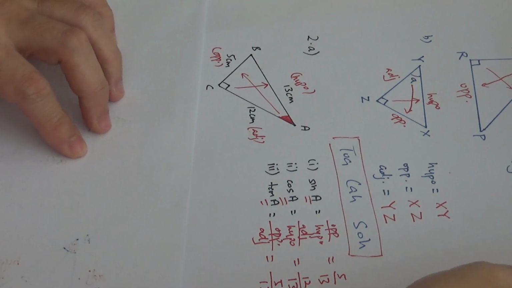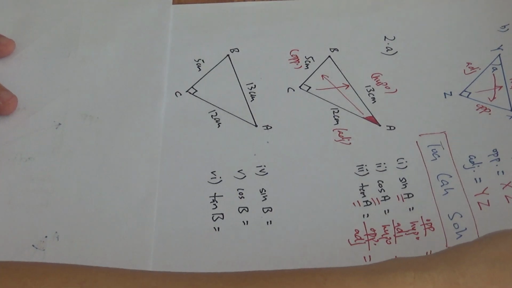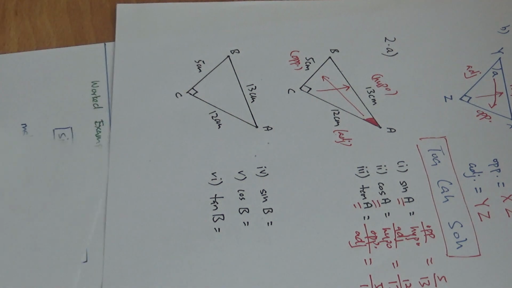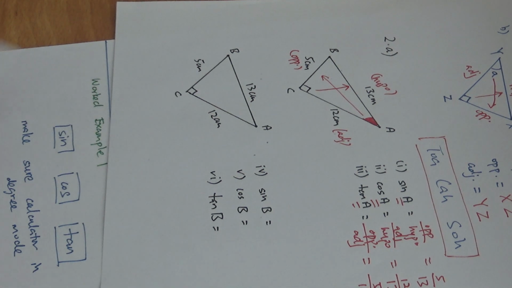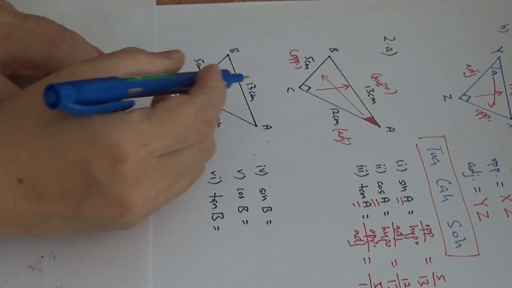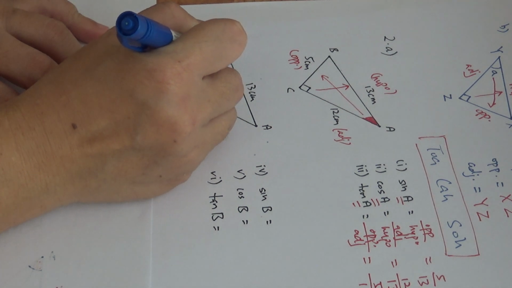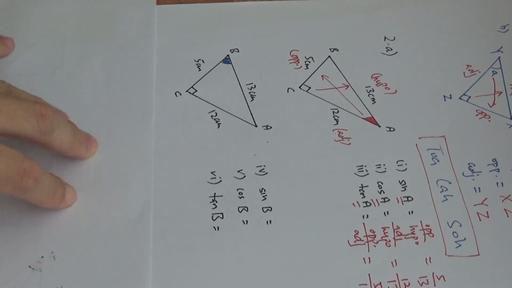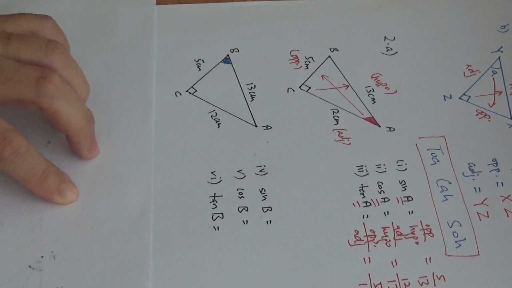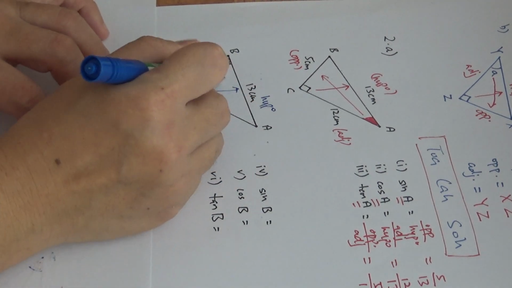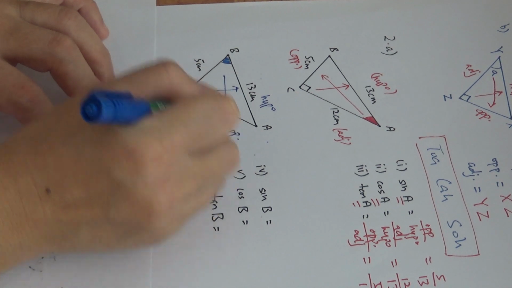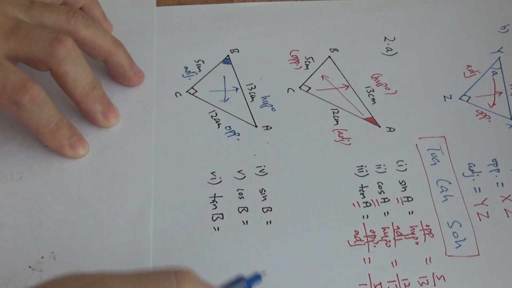Now, if you look at the next 3 parts, they are talking about angle B. They are no longer talking about angle A, but angle B. So if you are talking about angle B, this is the angle that is required. Now, this is still the hypo, this will be the opposite, and this will be the adjacent.